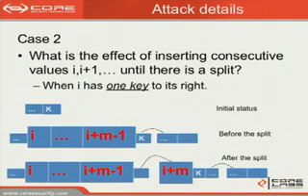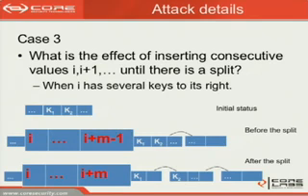In the other case, when there's only one value to the right of I, we add values I plus 1, I plus 2, and let's imagine that we don't insert a value over K. Then there's a node split, and the new node to the right will hold two values, I plus m and K, and the node on the right will have one empty place, room for one more key.